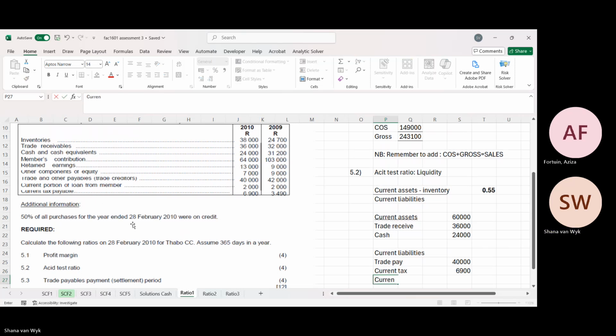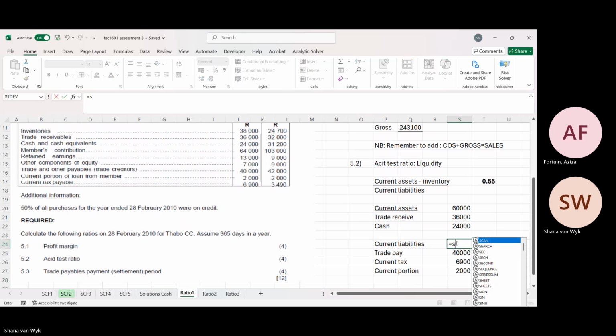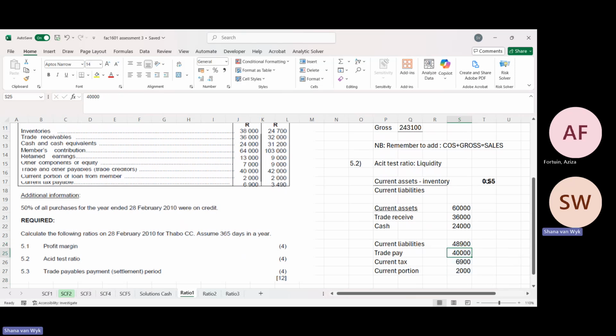Okay. 2000. So that's 0.45. It must be 1 point something.